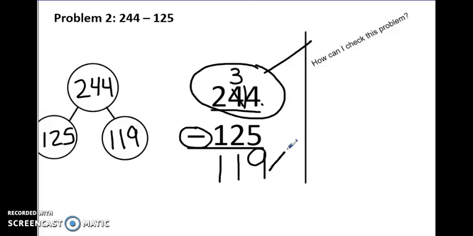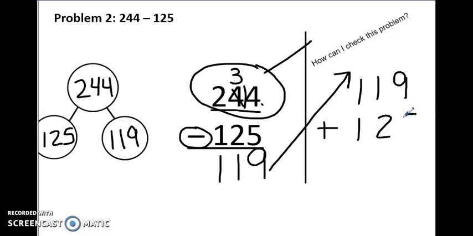So draw a line from 119 up, and we're going to place 119 on the top, change my subtraction sign to an addition sign, and place 125 very neatly under 119. Put my equal sign.